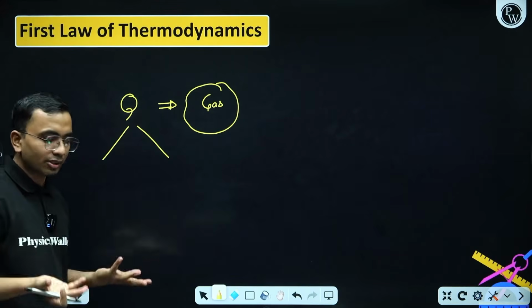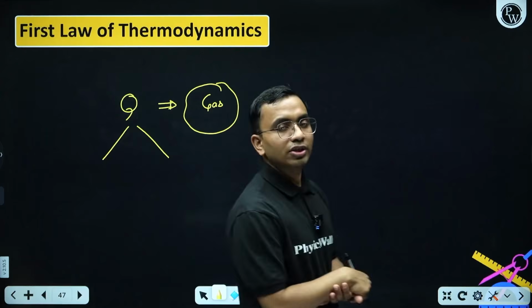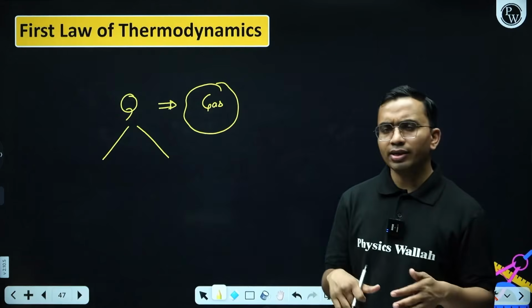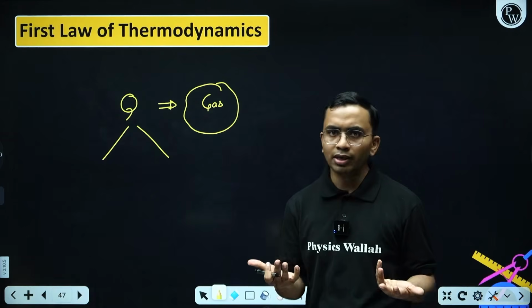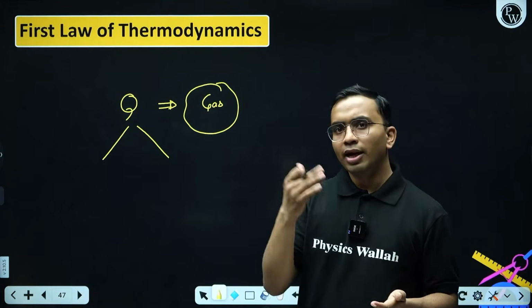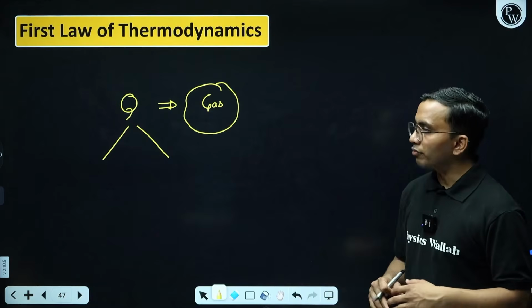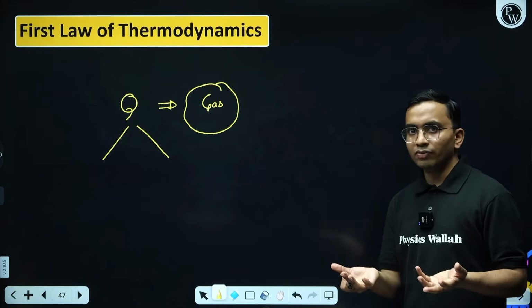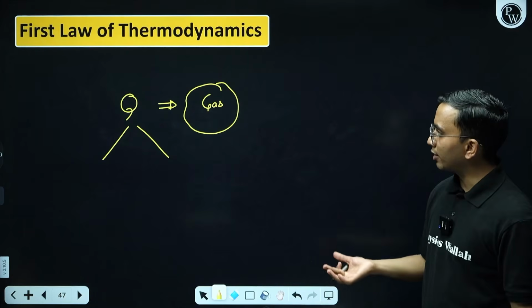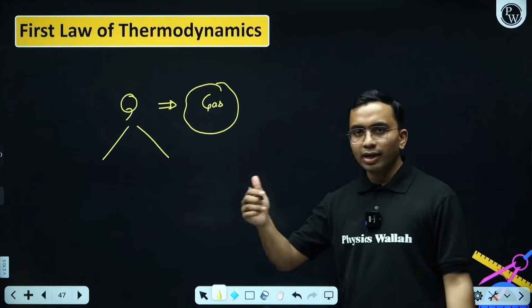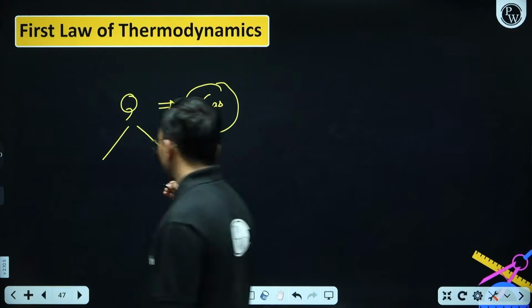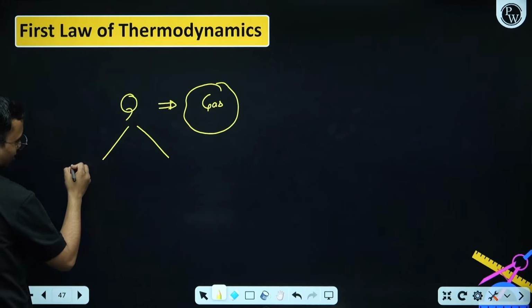Internal energy is related with the temperature of the gas. Temperature changes means the kinetic energy of the gas changes. Another part will go as the work done by the gas.